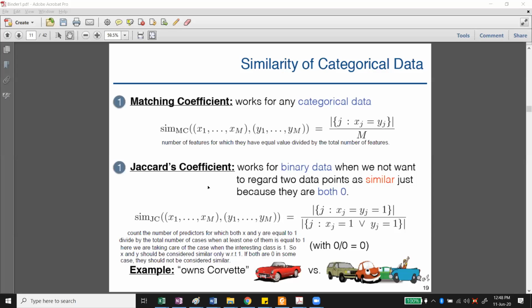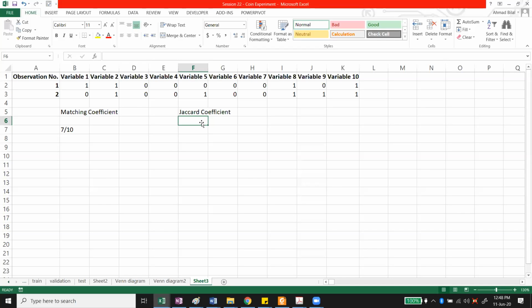Let's see how this formula works, how this coefficient works using the same example here. So we have two observations and we have these 10 different variables. In this case, जो 0-0 वाला केस है ना, we are just going to ignore that case. हम उसको numerator में भी नहीं consider करेंगे और denominator में भी नहीं consider करेंगे, right?